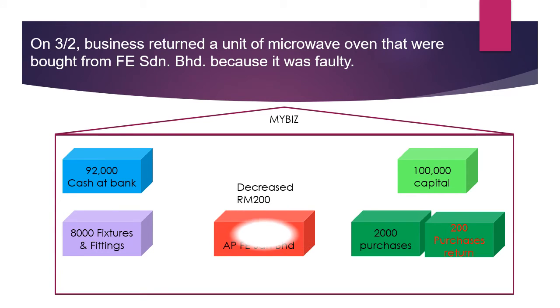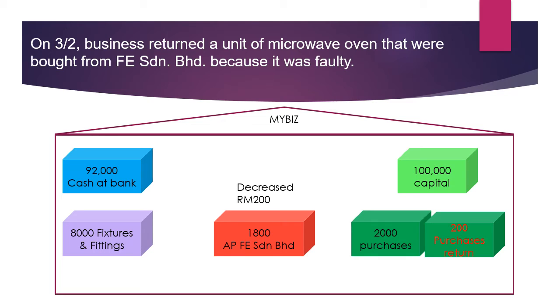And the liability is decreased, because when you return to the supplier and the supplier agreed to take back the faulty items, your debt to FE Sdn Bhd will be reduced to 1,800 ringgit, because previously it was 2,000, because 200 multiplied by 5, right?